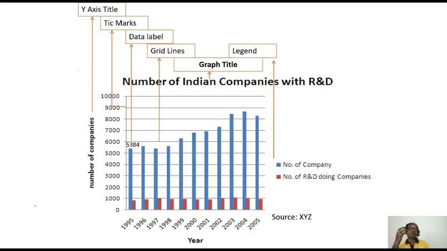If we had only companies, with no companies with R&D, meaning only blue rectangles, then you might not put this legend because it gives no extra information, since it is representing only one type of value. But since we are representing two types of value, we need to give a description of what these different colors are representing. So this is called the legend.